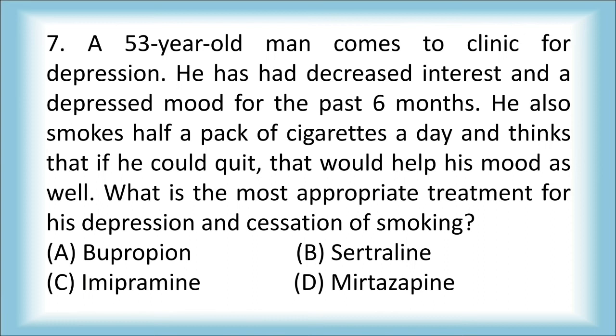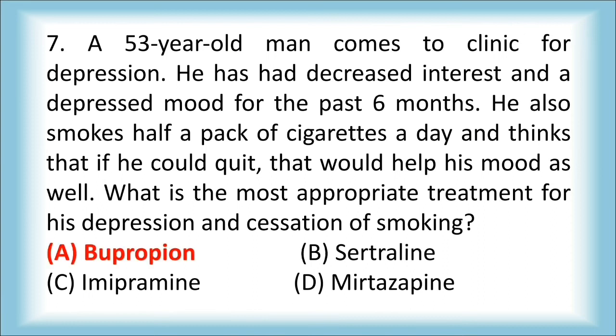Option A, bupropion. Option B, sertraline. Option C, imipramine. And option D, mirtazapine. Okay, so here the question is about the most appropriate treatment for depression and also for cessation of smoking. Here the correct answer is option A, bupropion.